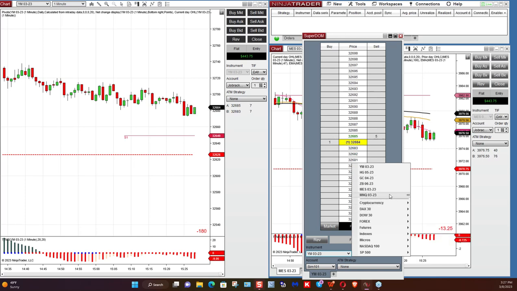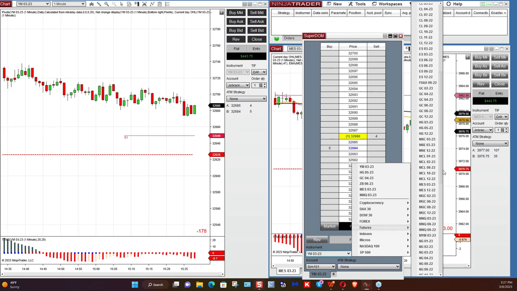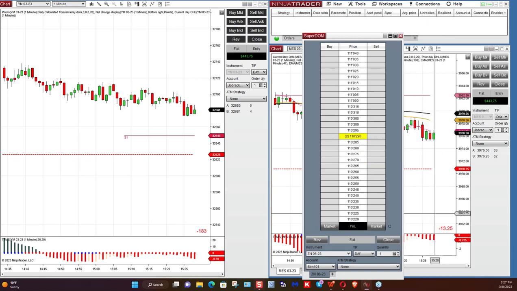Bonds, on the other hand, are much higher in liquidity. So if you look at ZN 623, the current bond market, you'll actually see thousands of orders, okay? And you'll see rows of them, rows of them. So you can check the liquidity on the dome before you trade.